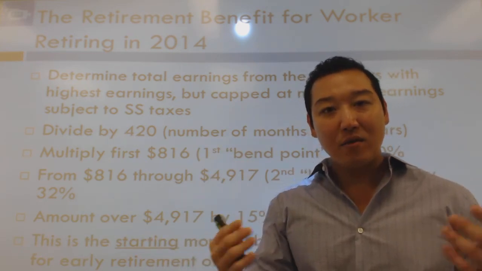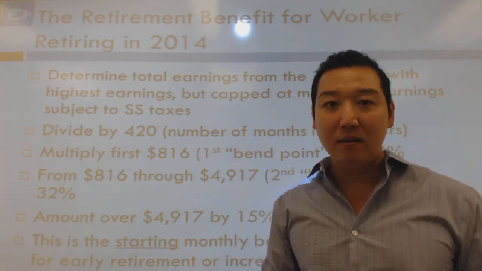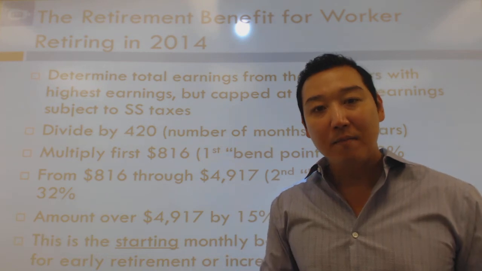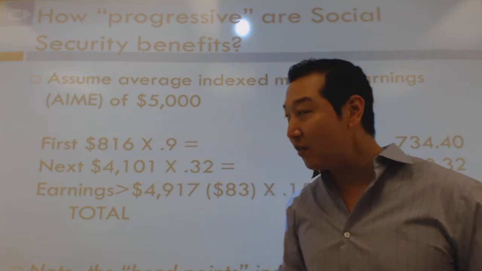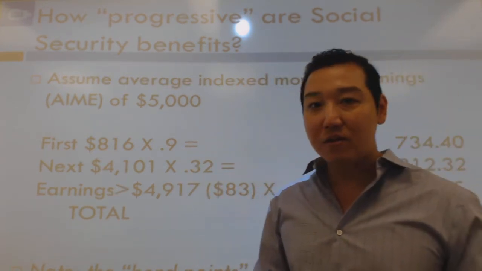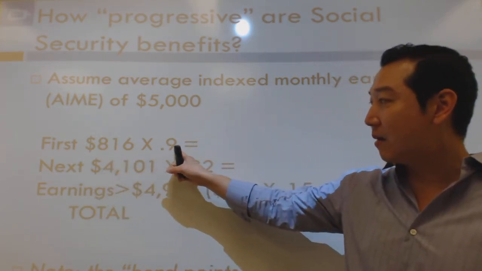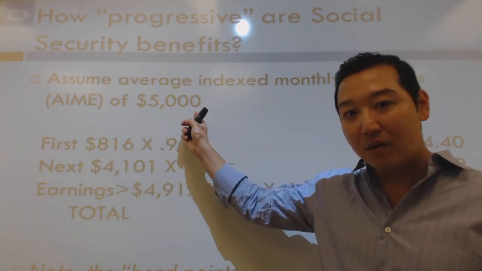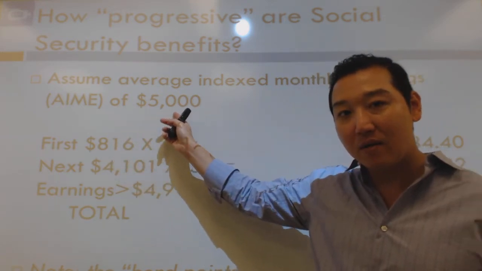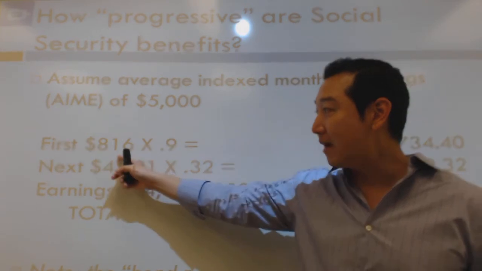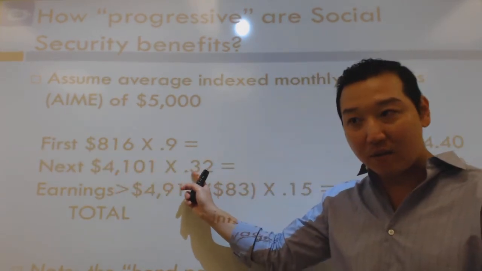And so once you add those amounts up, that's basically your starting monthly benefit, or more formally stated, the starting monthly benefit is also termed the primary insurance amount. Okay, and so I give you a sample calculation to show you exactly how that benefit is determined. Note, I said 90%, you're going to get back 90%. Someone with average monthly earnings of $5,000 over their lifetime will get back 90% of low-level earnings. They'll get back 32% of mid-level earnings, right?